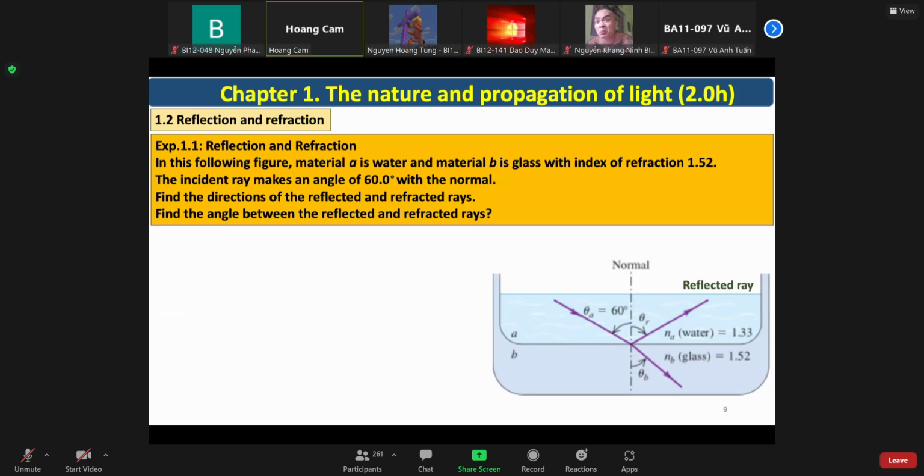Okay, so yes, that is your answer, and you also mentioned the way you calculate for the second question. For the direction of the refracted ray, could you please explain how you can solve that? You delivered 49 degrees, right? Yes, 49. I use Snell's law to do this. Okay, cool.